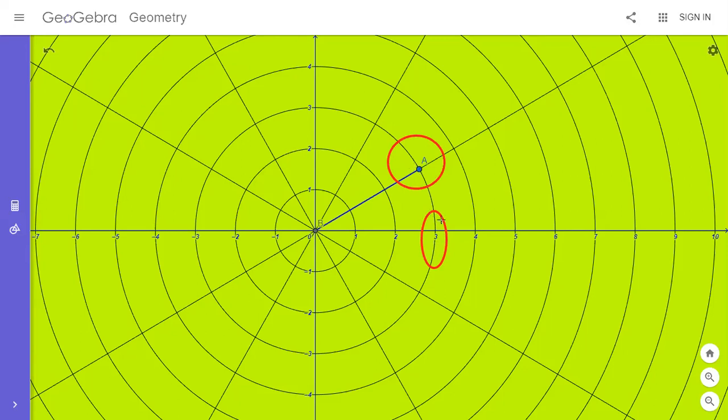The first parameter is the radius, which is 3 units. The second parameter is the angle made by this radius AB with the positive x-axis.